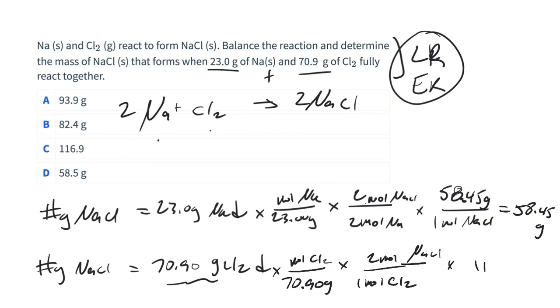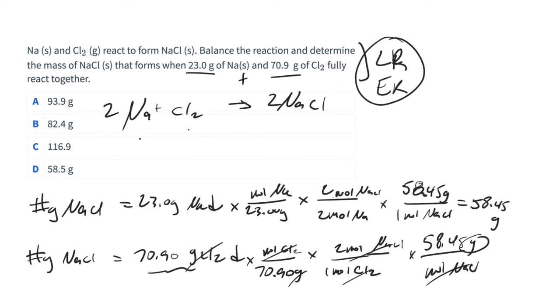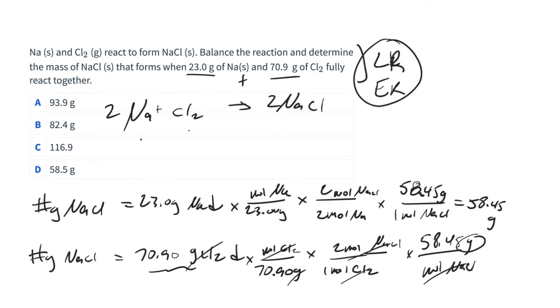I'll write that out just so that you have it twice. So we're going grams of chlorine to moles of chlorine to moles of sodium chloride to mass of that product. So this is going to work out to be 2 times the molar mass, 2 times 58.45 is 116.9.